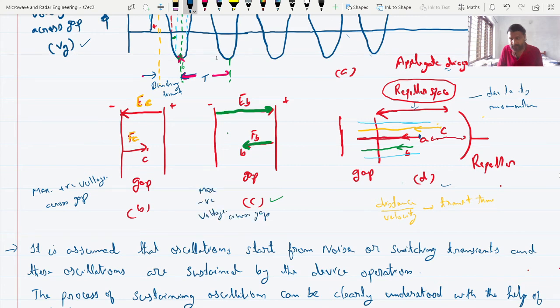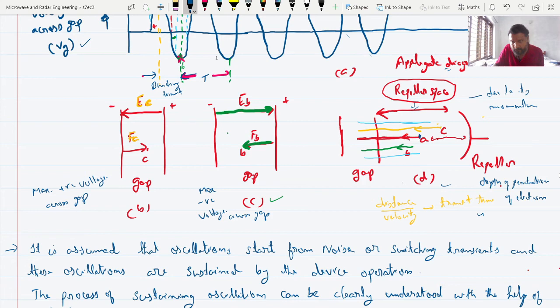And this is nothing but the depth of penetration of the electron in the reflex space. Depth of penetration of electron in reflex space.